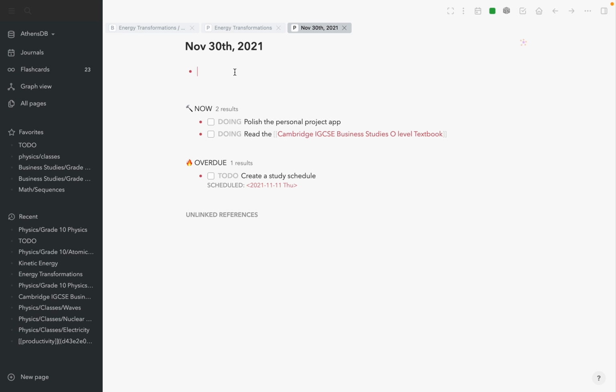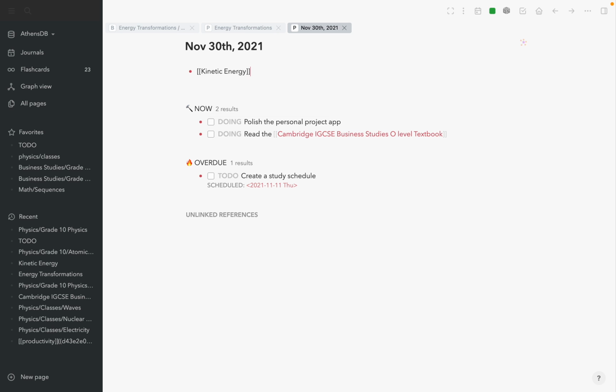So I often use this for, let's say, assessment deadlines or just assessment guidelines. So I can create a link to, let's say, I have an assessment on, I don't know, kinetic energy coming up.